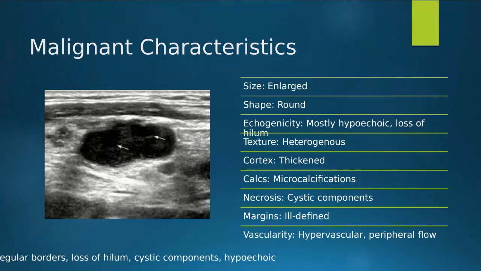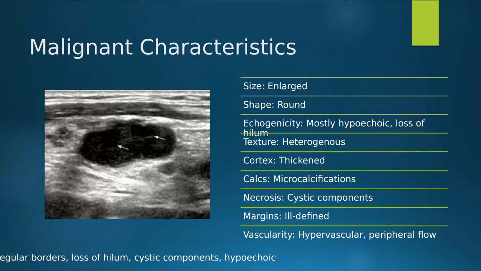So what is that going to look like on ultrasound? Some further characteristics of a malignant or worrisome lymph node: they are large, right? They're really, really big. They are round in shape. They are uniformly hypoechoic, and we no longer have that hilar differentiation. They can look heterogeneous. The cortex is going to be thickened. We can see microcalcifications.